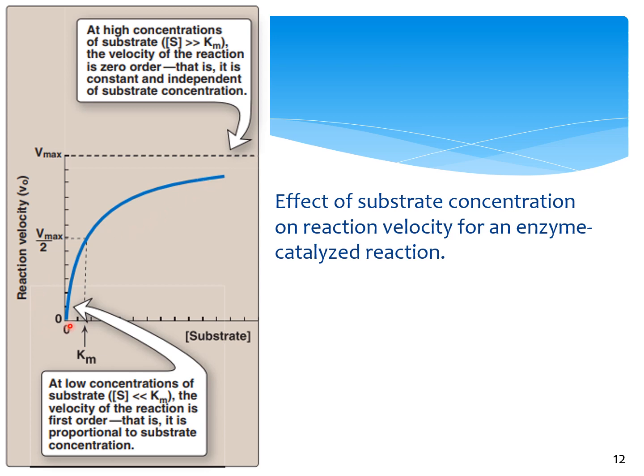So initially it follows first order when substrate concentration is much less than the Km, but if the substrate concentration is much greater than the Km, the order becomes zero, creating a hyperbolic curve.